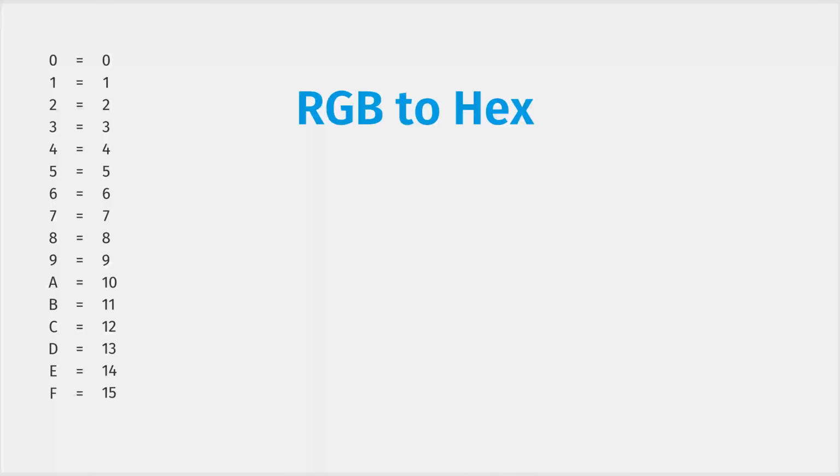RGB to hex. You might recall that the values you saw in RGB were between 0 and 255. But we know that we use steps of 10 there. We've got 0, 1, 2, 3, 4, 5, 6, 7, 8, 9.